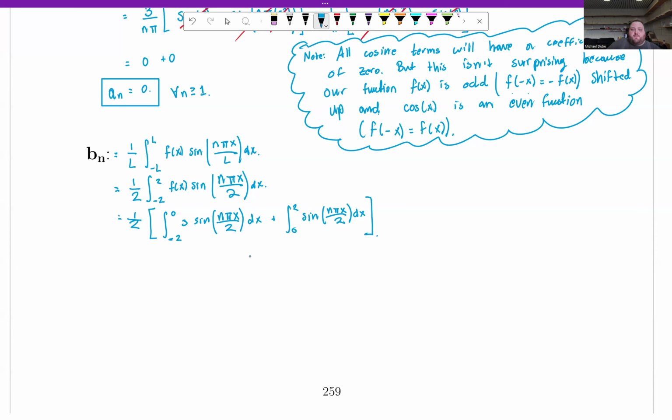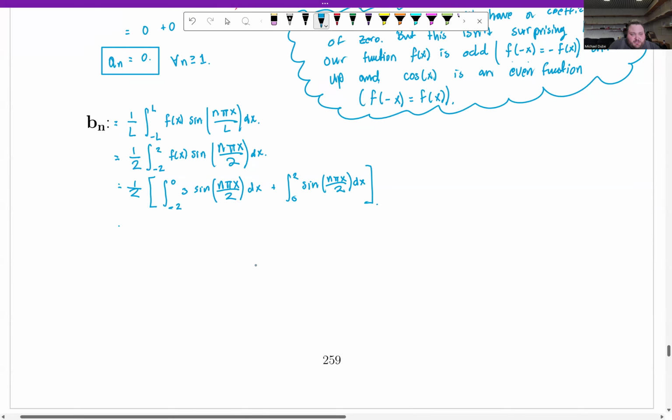Okay, perfect. So we've broken this up into two pieces. And then we want to investigate this more. So we have 1 over 2. Okay, good.